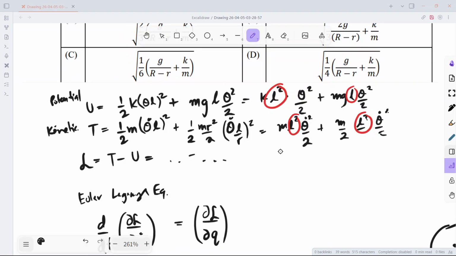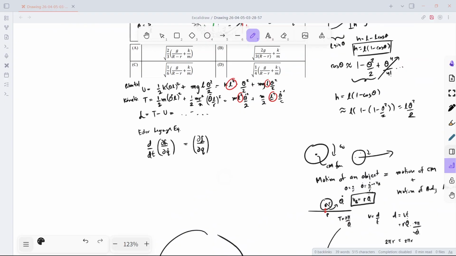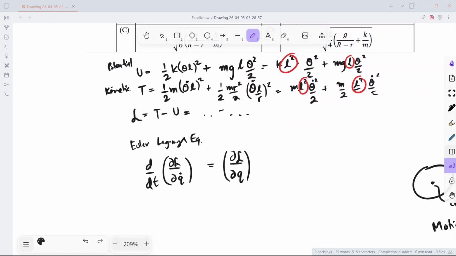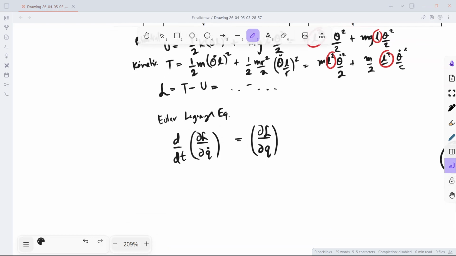Now we just differentiate. So what is the derivative with respect to q dot? It's going to be m l squared theta dot. The 2 comes down, cancels with that 2. And then you differentiate with respect to time.